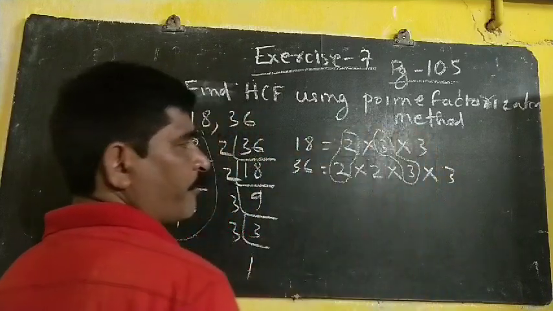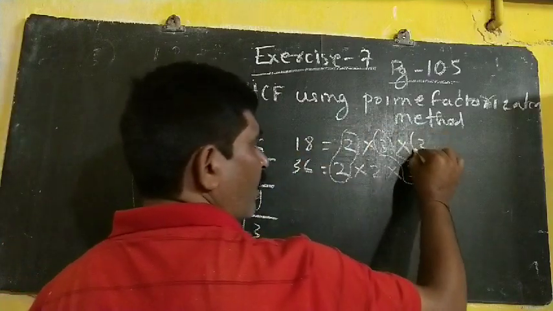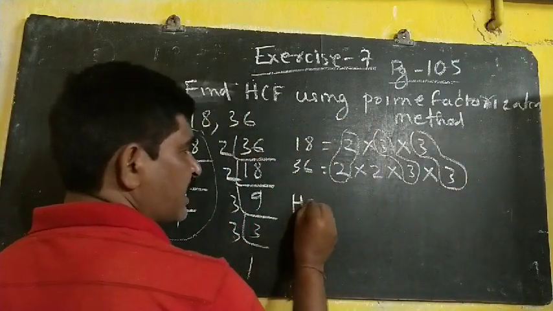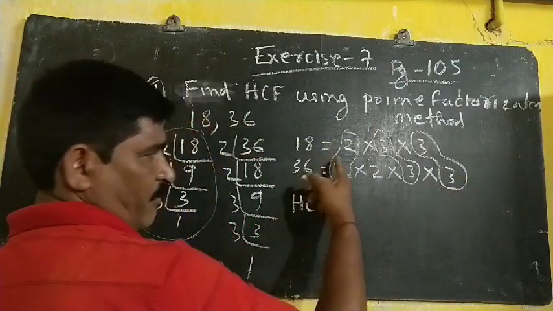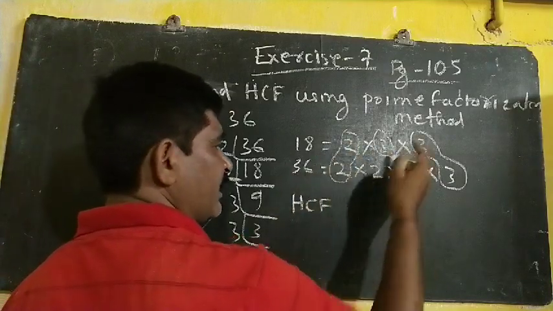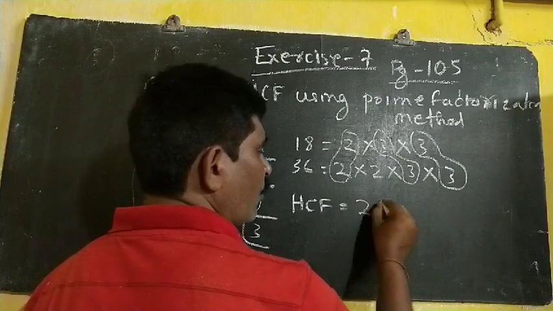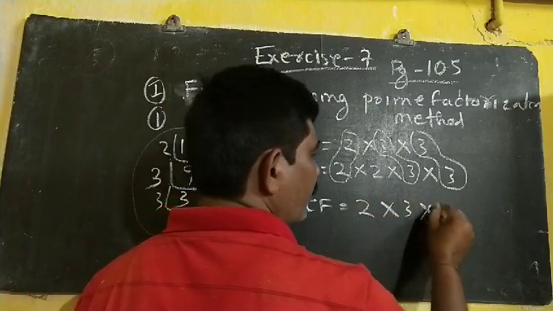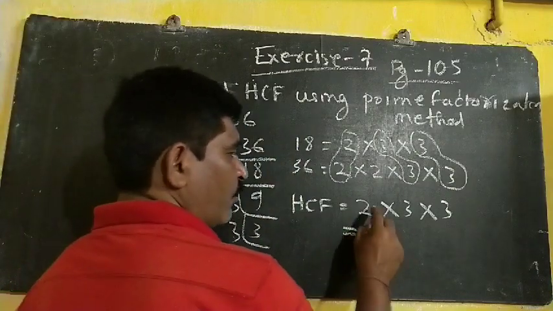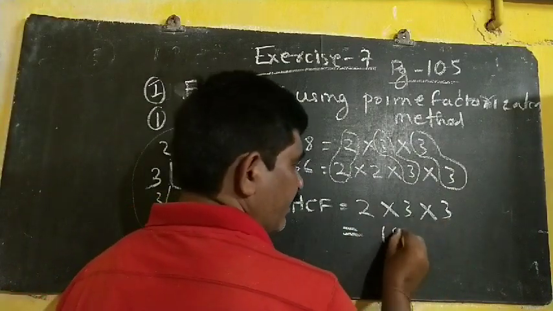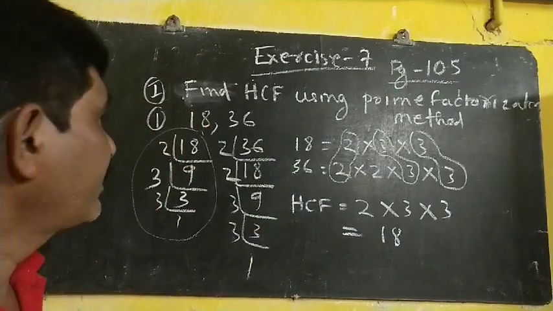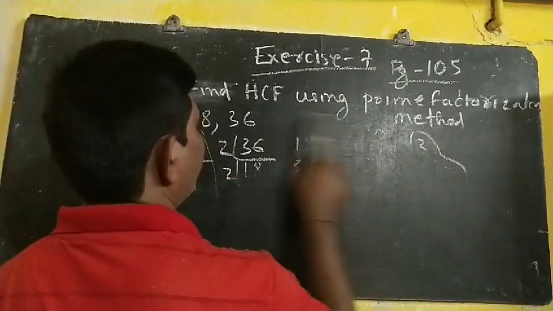We will make pairs of the common ones. So HCF equals, which numbers are common? We are finding 2, 3, 3. So 2 into 3 into 3. Clear? That is equal to 2 threes are 6, 6 threes are 18. You have to find your HCF in this way. Okay? Next, we will find another number.